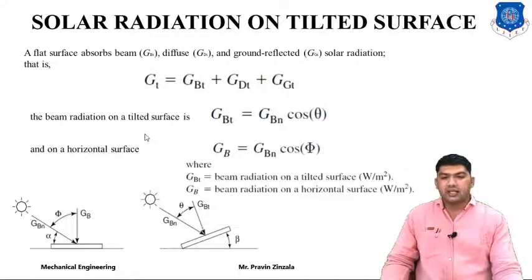And we can also calculate the tilt factor. GBT, the beam radiation on the tilt surface, is equal to normal radiation into cos theta. So from this equation, GBT is equal to GBN into cos theta. At a horizontal surface, beam radiation is equal to GBN into cos phi. So from the inclined or tilt surface, we can easily specify GBT and GB.